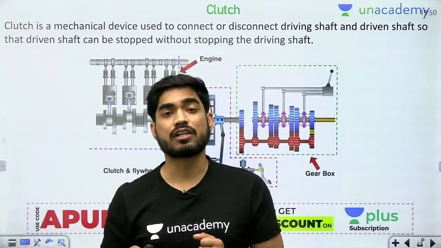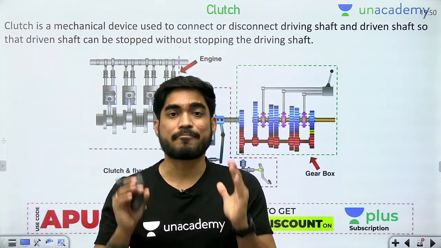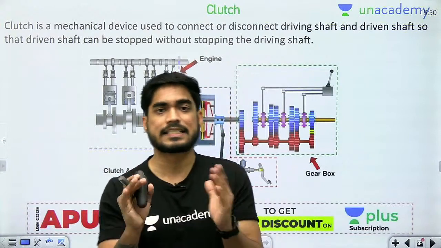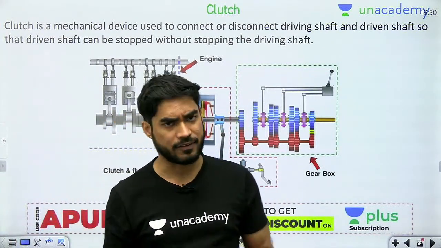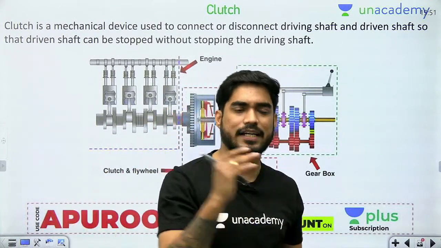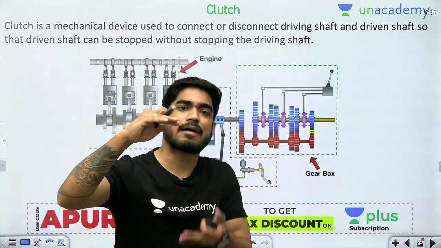So a good clutch will be one which transfers the maximum amount of torque. एक अच्छा clutch वो clutch होगा जो ज्यादा से ज्यादा टॉर्क ट्रांसफर कर सके ड्राइविंग शाफ्ट से ड्रिवन शाफ्ट की तरफ कम से कम साइज में.